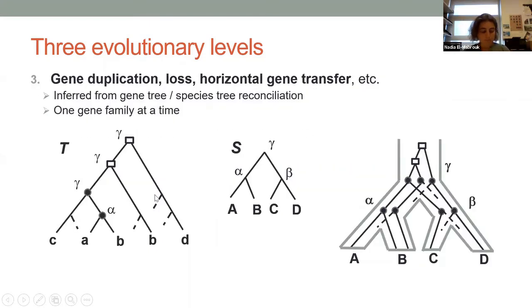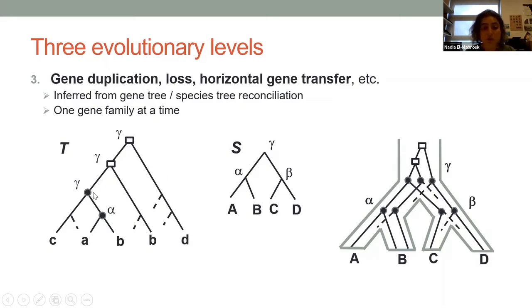Now, minimizing duplications and losses. If we ignore horizontal gene transfer and just want to minimize the number of duplications and losses, this can be done by a method known as LCA mapping. How do we do that? We map each node of the gene tree to a node of the species tree.